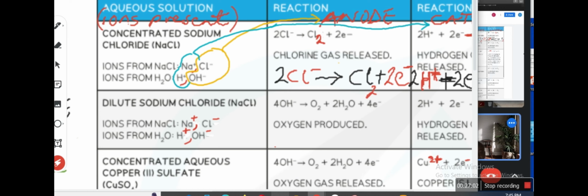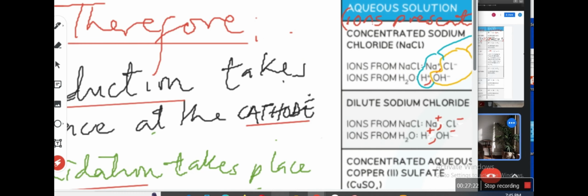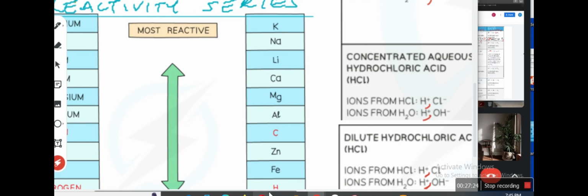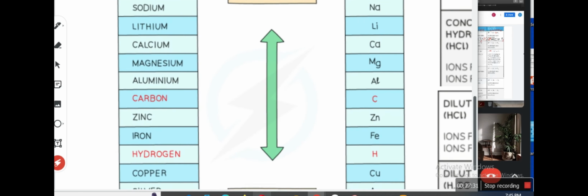Consider sodium and hydrogen. For metals, the ones that are lower will be preferred. So sodium and hydrogen, which one is lower in the reactivity series? Let's go to the reactivity series and see.